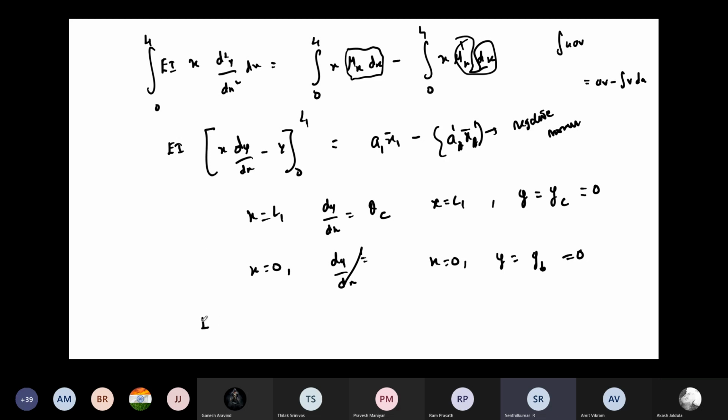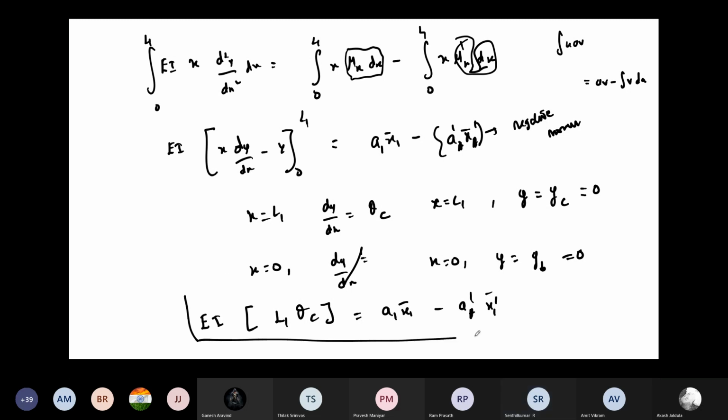So finally, if you substitute in the moment EI at x equal to L1, the slope theta C will come, right? Next, if you substitute 0, everything will become 0. So you will get EI L1 theta C equal to A1 x1 bar minus A1 dash x1 dash bar. Okay, this is your equation number 1.